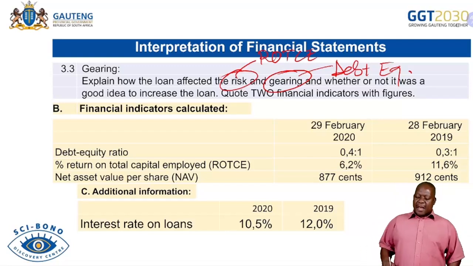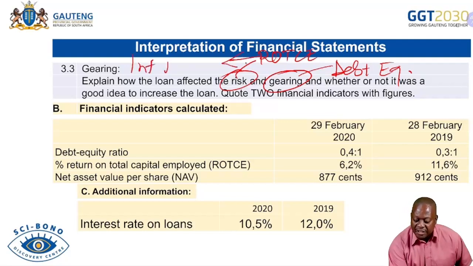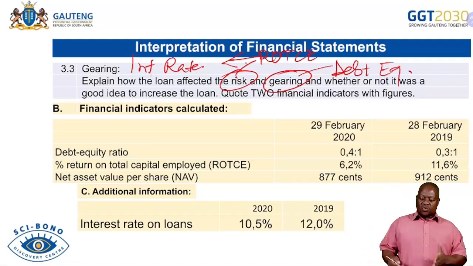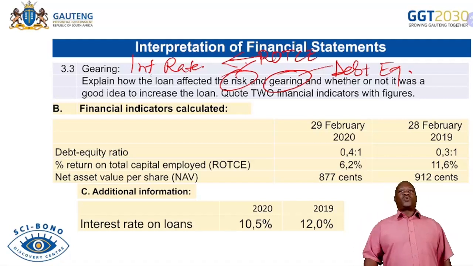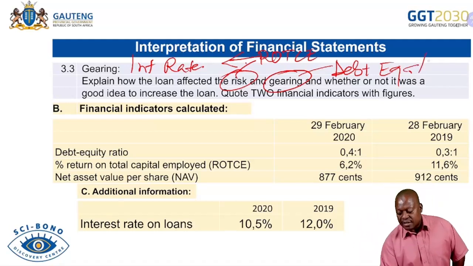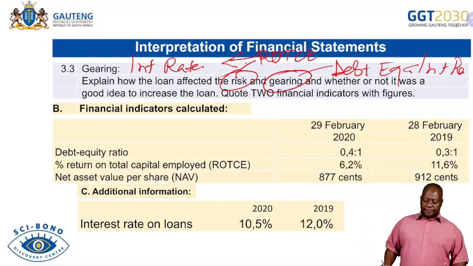Now, remember, the minute they say return on total capital employed, then our interest rate is very important. Which interest? Interest on loan. Because this is what we use to be in a position to compare with. And then remember also, it has the same effect on this, the interest rate. Very important.